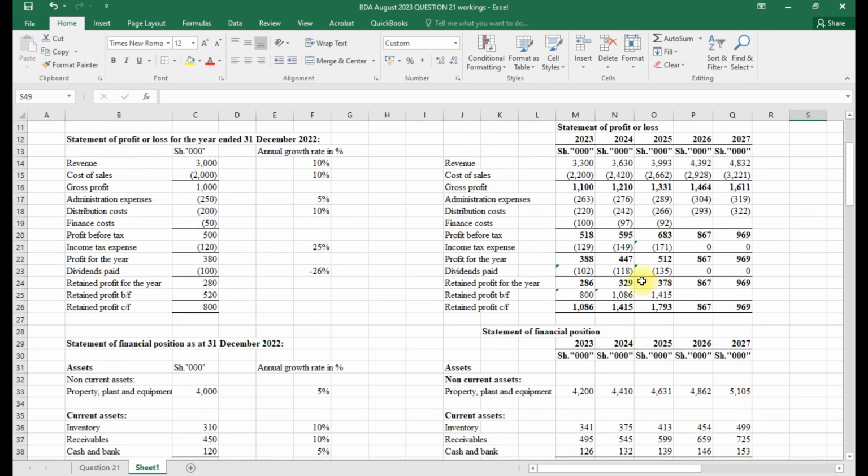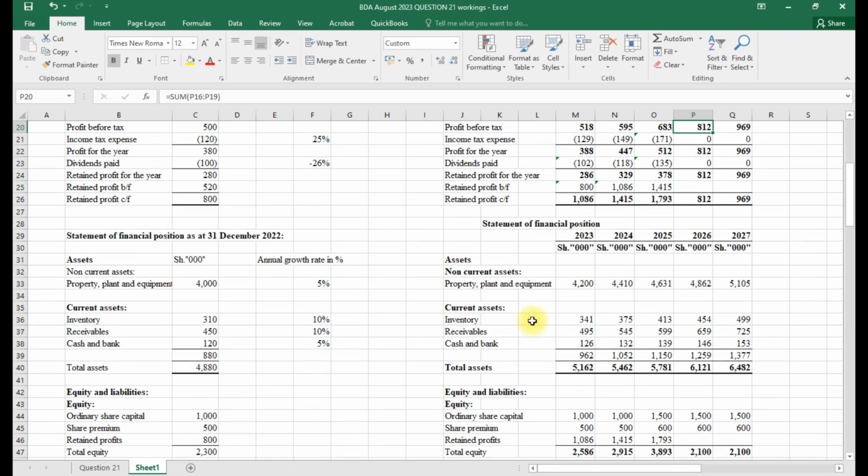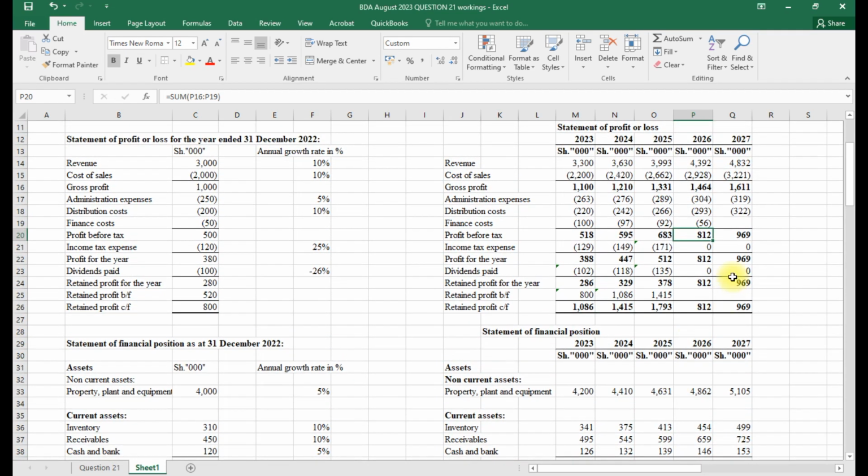So you shall come back here, you shall take 1116, and I put a negative sign here. I multiply by the rate of 5%, to get 56 as our finance cost.